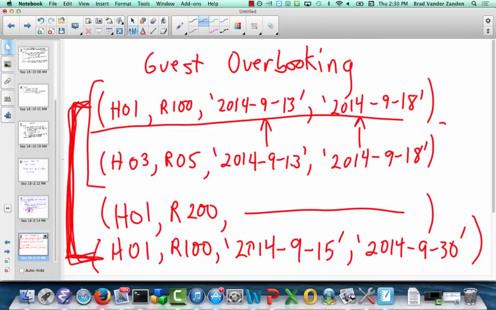But this is the kind of thing that you have to think about, and also what I'm saying is it often helps to create some example data to try to see what are the cases where I really do have the guest booked into two different rooms, and what are the cases where it's just a false positive.